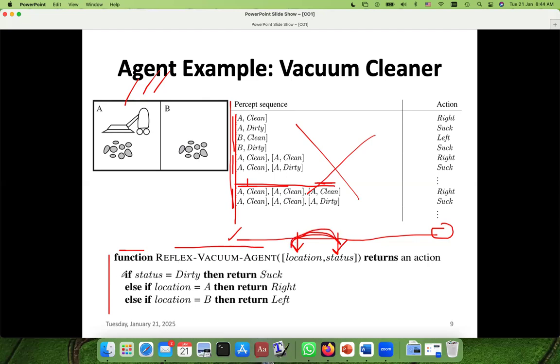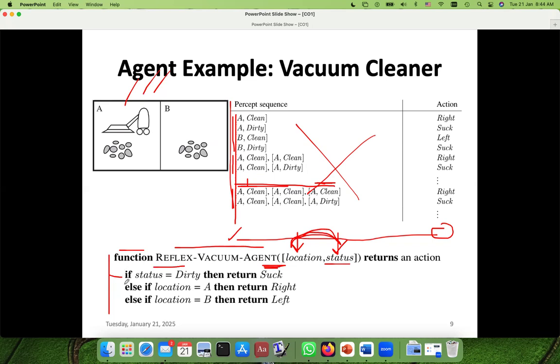And then we are checking if this status is dirty, then what action? We know: return suck. We are returning an action. We are returning this action suck to the agent, and the agent will perform this sucking operation through the device, through the equipment which is attached to the vacuum cleaner.